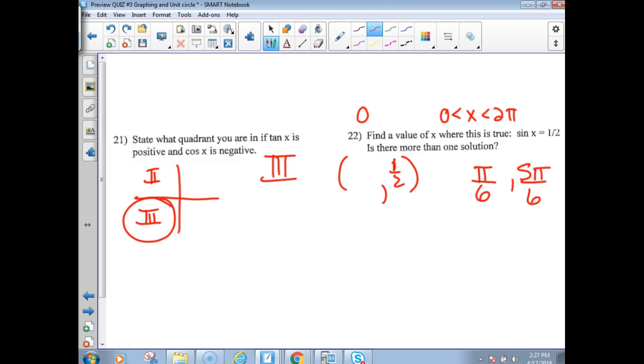If it said for x between 0 and 360, you would give degree answers. What are these in degrees? 30 degrees and 150. So actually the answers could be 30 and 150 or pi over 6 and 5 pi over 6. Do we need more clarification on this? Sine is the second part of the point.